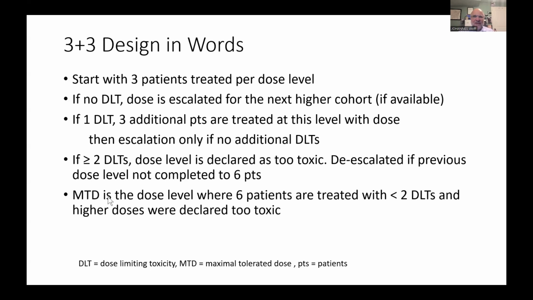The maximal tolerated dose is a dose level where 6 patients have been treated and the total number of patients with dose-limiting toxicities is 0 or 1, but not 2 or more. And the next higher dose level has been tested and found too high.